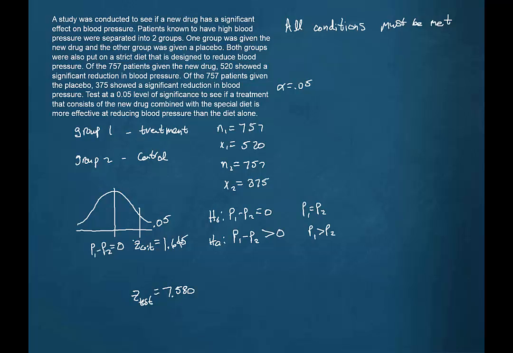We should reject the null hypothesis. We should articulate our conclusion by saying something like, sufficient evidence was gathered at the 0.05 level of significance to conclude that a treatment of the new drug combined with the special diet is more effective at reducing blood pressure than the diet alone.